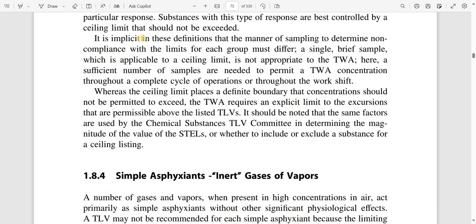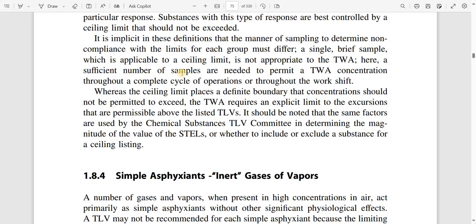It is implicit in this definition that the manner of sampling to determine compliance with the limit for each group must differ. A single brief sample, which is applicable to the ceiling limit, is not appropriate for the TWA.